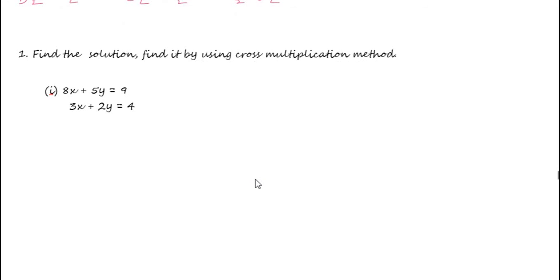Now let us solve a few problems. First one, find the solution using the cross multiplication method. 8x plus 5y equal to 9, 3x plus 2y equal to 4. Now let us write these equations in the form a1x plus b1y plus c1 equal to 0. So this becomes 8x plus 5y minus 9 equal to 0 and 3x plus 2y minus 4 equal to 0.